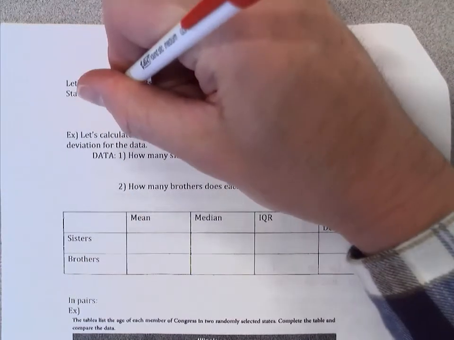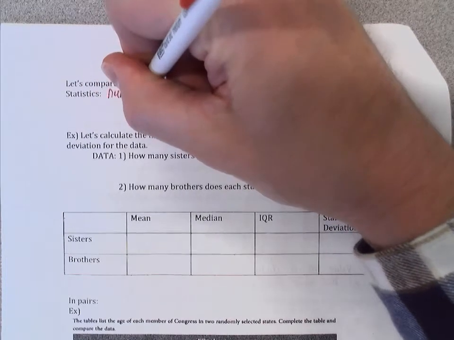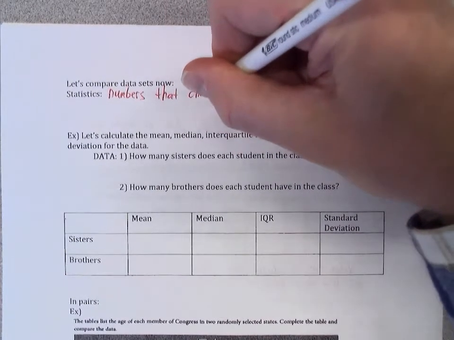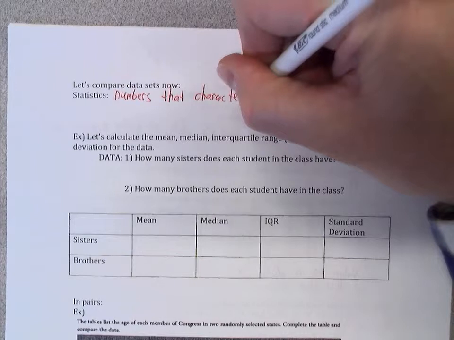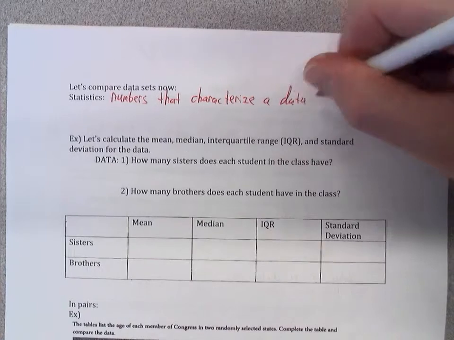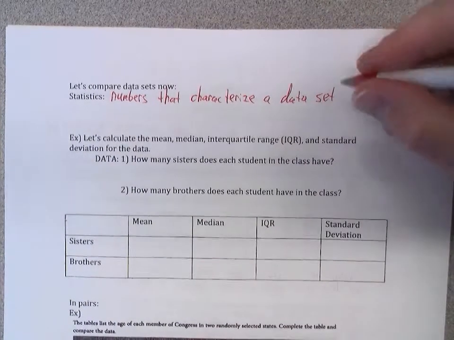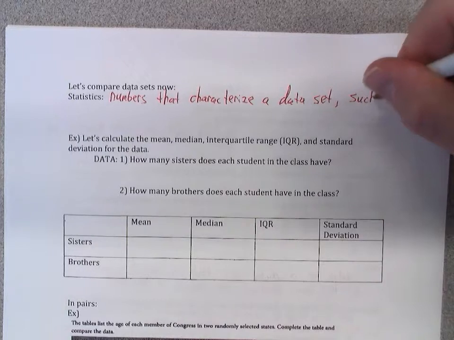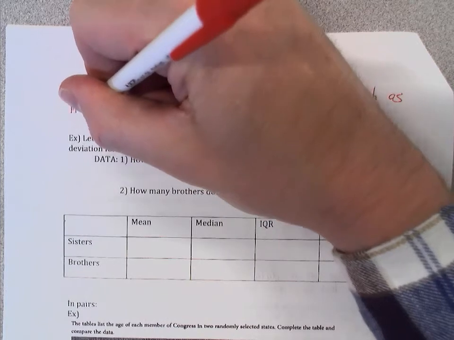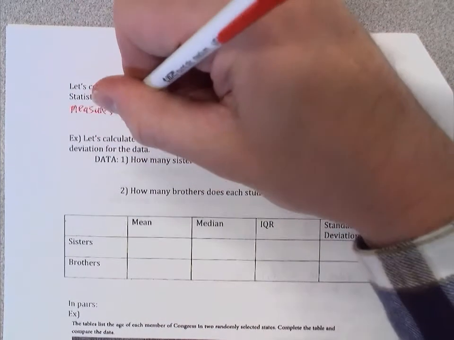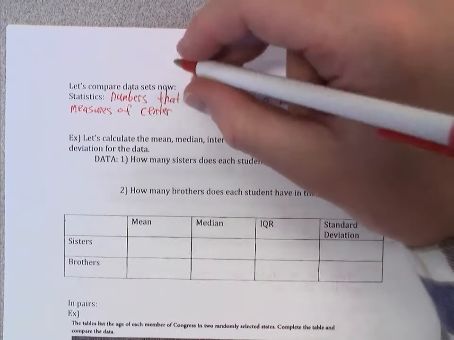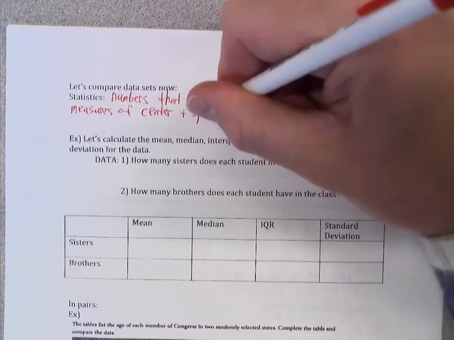So, numbers that characterize a data set, such as measures of center and spread.